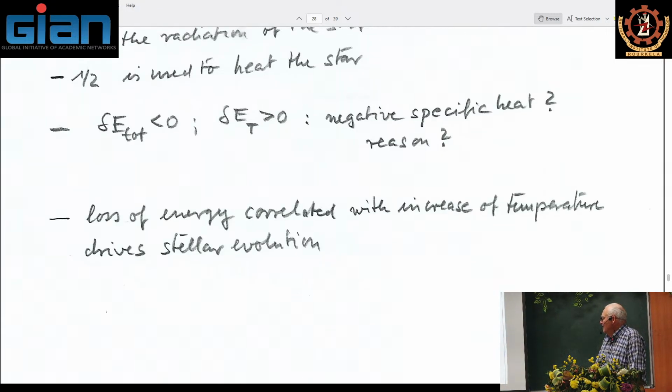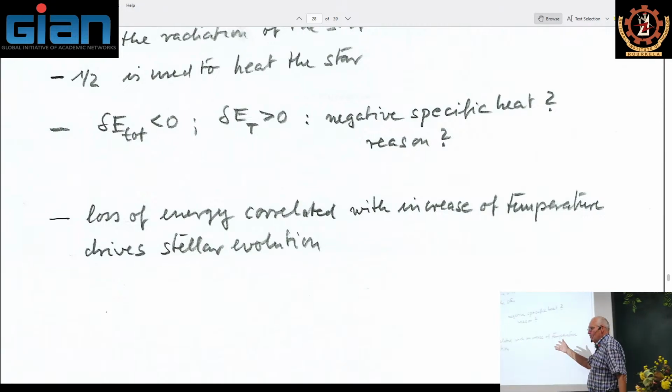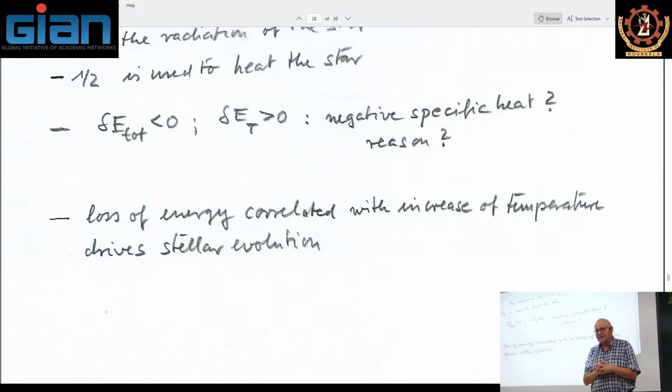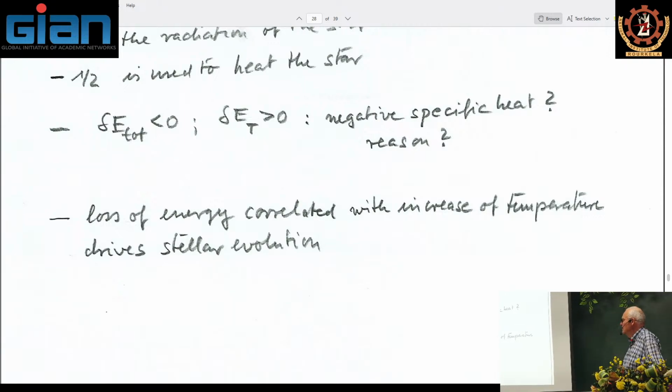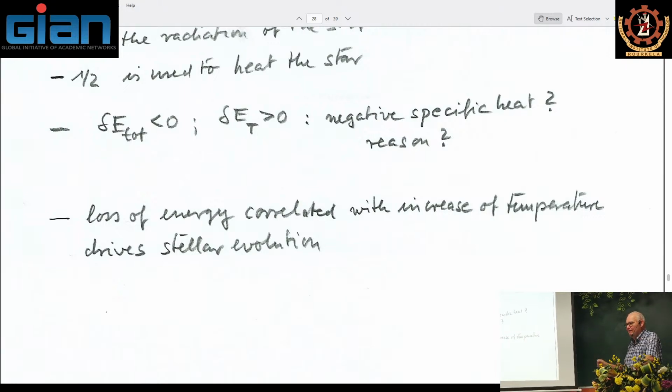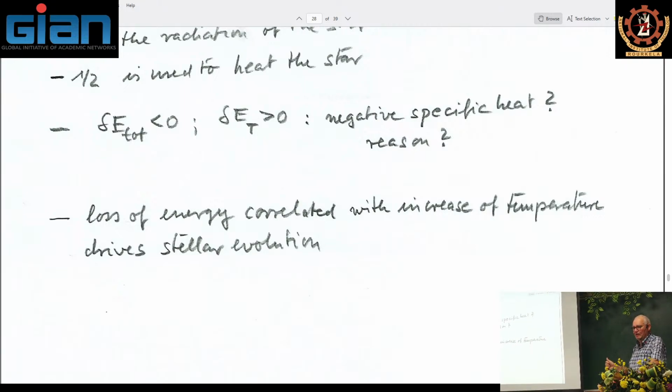Okay, so what we have is that loss of energy, once the star lives from its gravitational energy, so if it contracts, is always correlated with an increase of the temperature during evolution. Actually, this is one of the driving factors for stellar evolution.